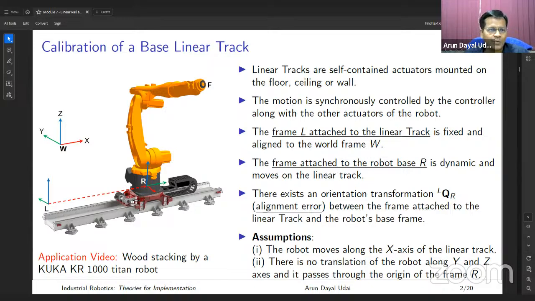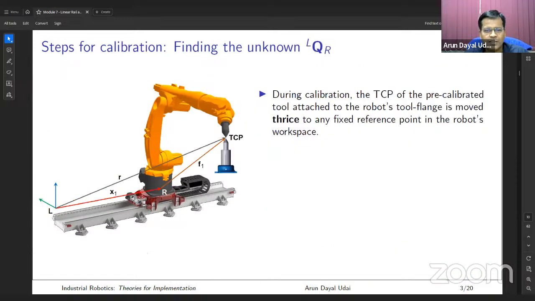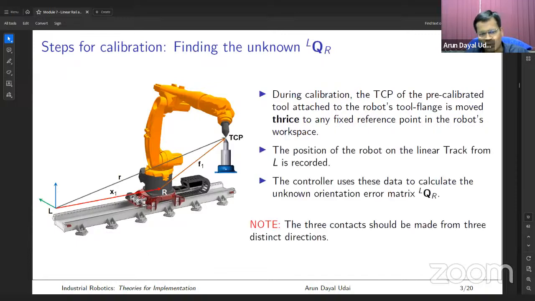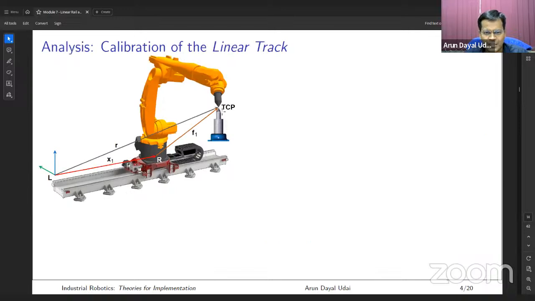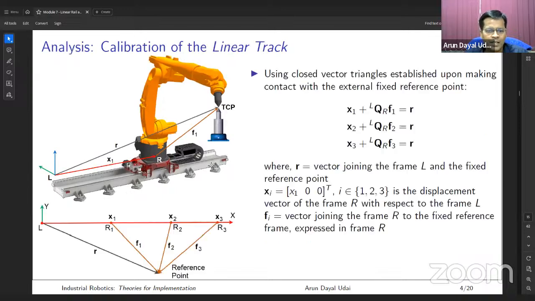And this is what we are going to cover in week 7. You touch from one side, you touch from another place, using an external reference frame. Finally, after doing all those exercises, it gives you the transformation matrix, which is the error, the calibration matrix as we call it, between L and R. That is what is to be identified.